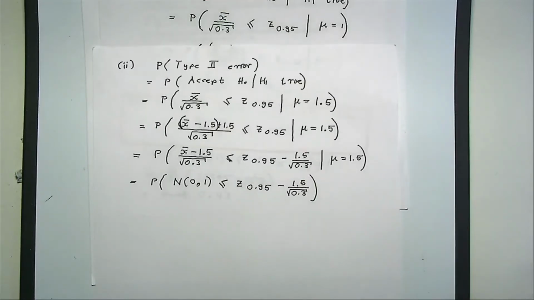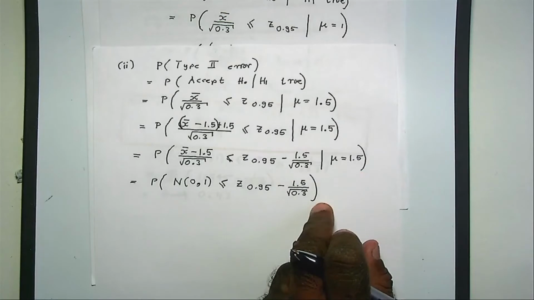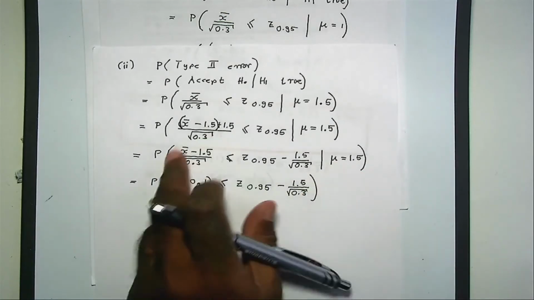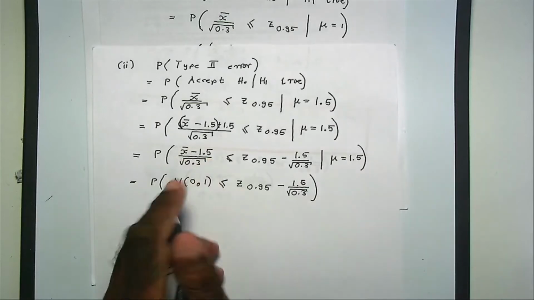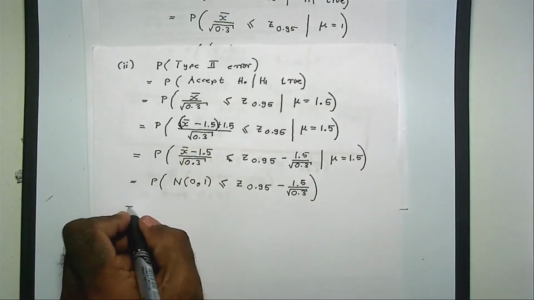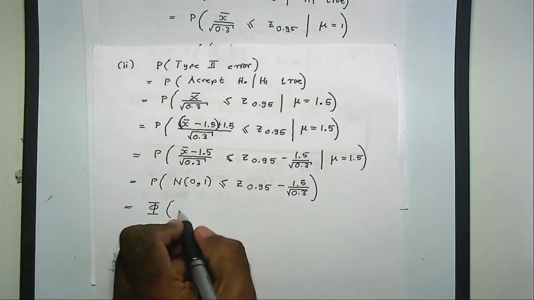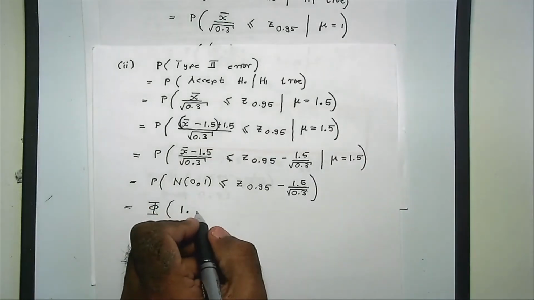Okay, so once again we don't need the conditioning anymore because we have used the conditioning to argue that this has a standard normal distribution. Alright, so this guy is 1.645.